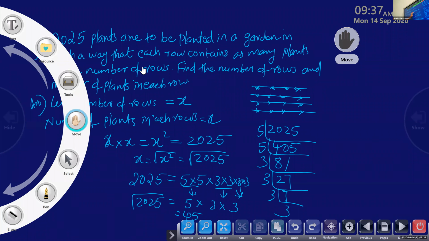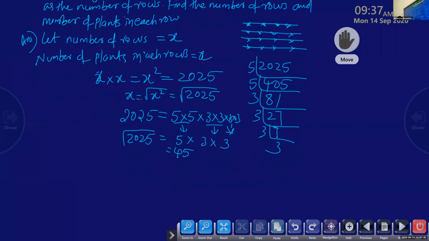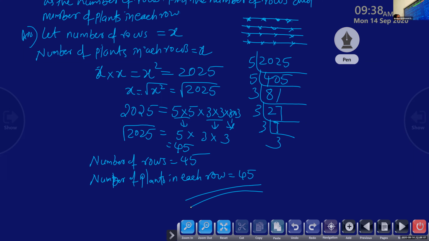Number of plants in each row is equal to 45. Write the answer in that way.